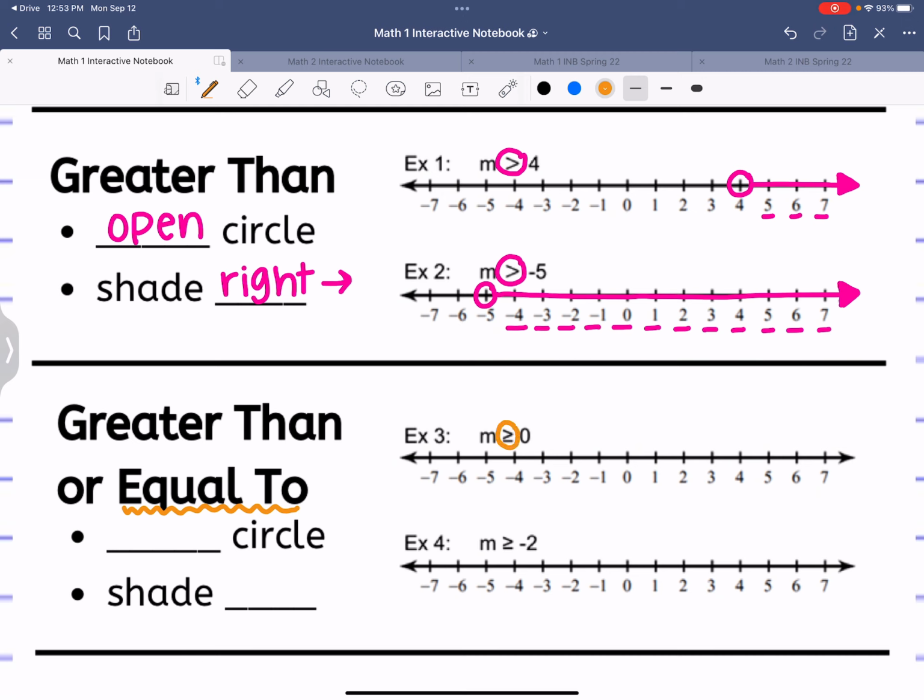However, it has a line or an equality symbol below the greater than symbol. That's what the line beneath it represents. With greater than or equal to, we use a closed circle. And similar to greater than, we're going to shade to the right.